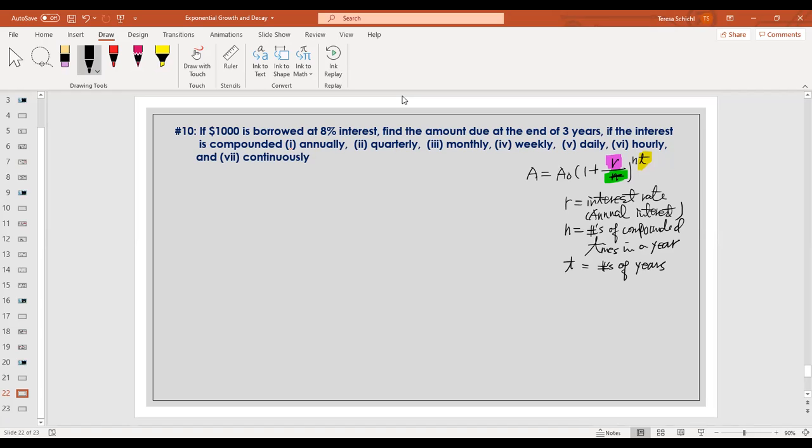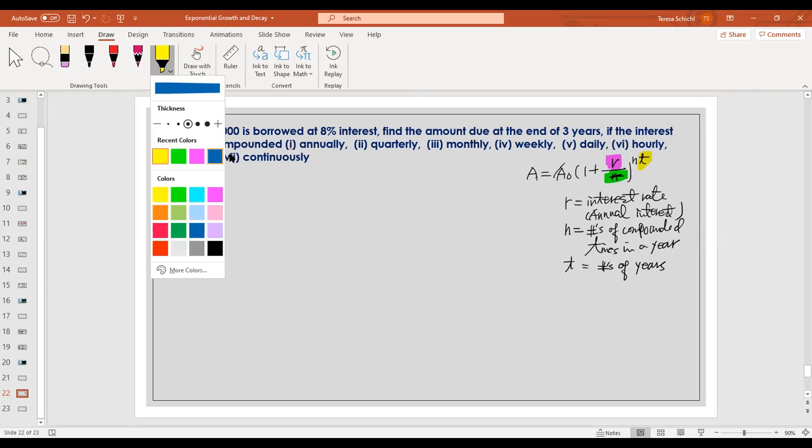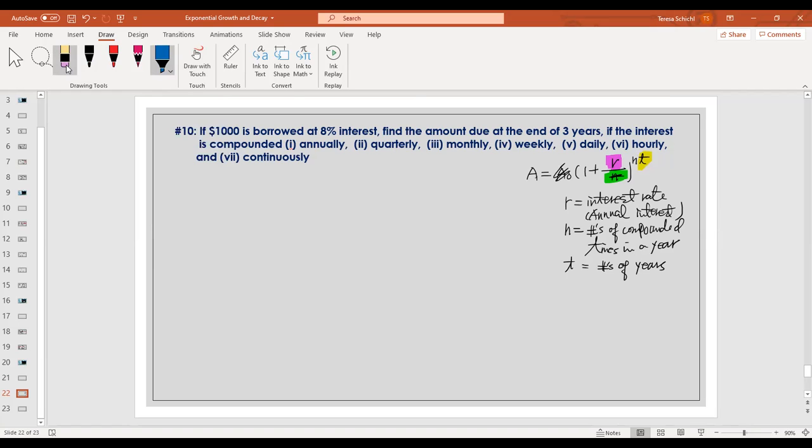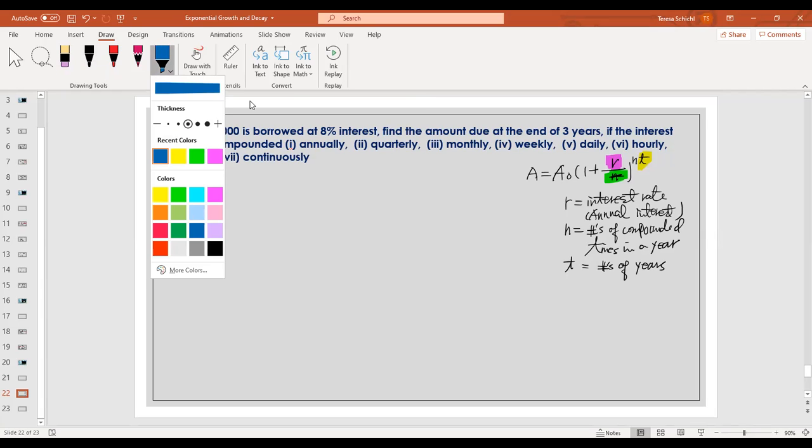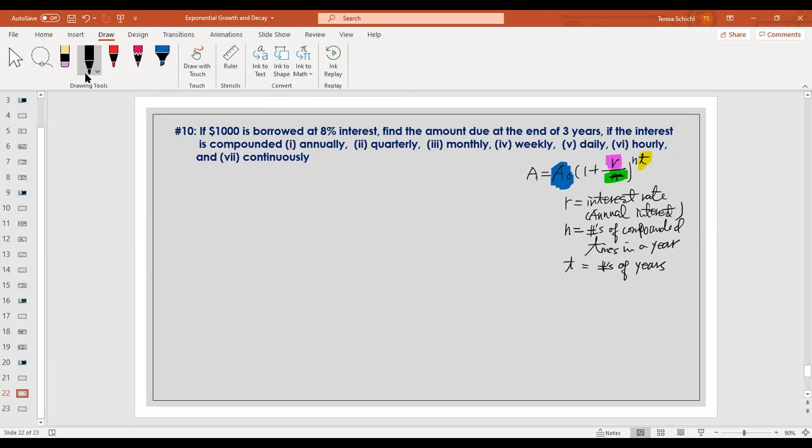And the last number we need to know is A0. A0 is called the principal. It's just how much money I deposit at the beginning. So this is the compound interest formula if you're compounding in a certain time interval.